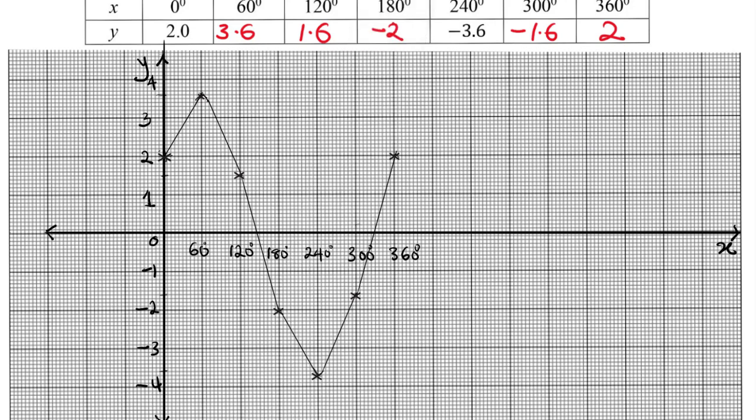So this is our graph. It's looking neat and nice, right? So let's see the next question.